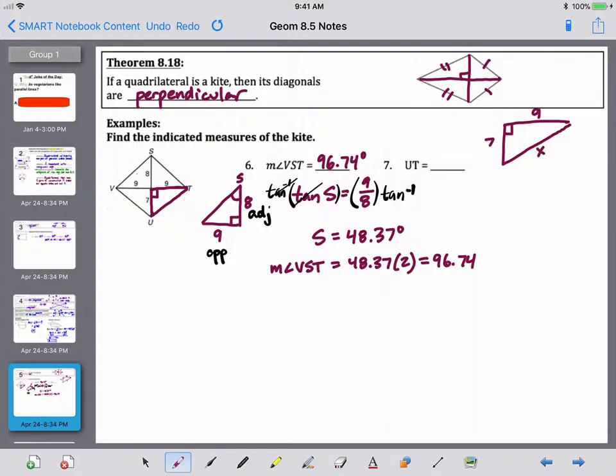So if we have a right triangle, we can set up the Pythagorean theorem. x squared is equal to 9 squared plus 7 squared. And 9 squared plus 7 squared is 81 plus 49, which is 130. So if x squared equals 130, we can take the square root of both sides, and we get x equals the square root of 130, which is about 11.4. All right, so sometimes we will still throw a few things in about right triangles.